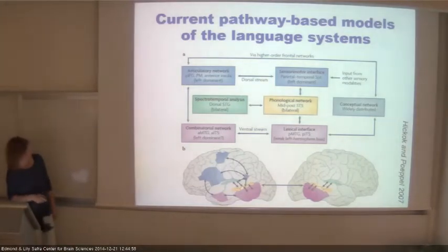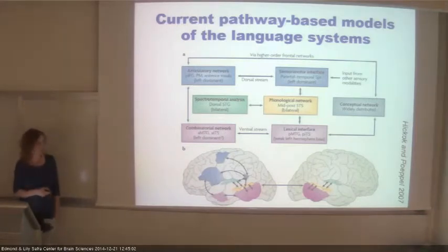For example, this model from Hickok and Poeppel shows us several different ways in which information that is transferred into the brain, let's say auditorily, can be processed, even if it's all language information. It could be either processed along one pathway or another or both.